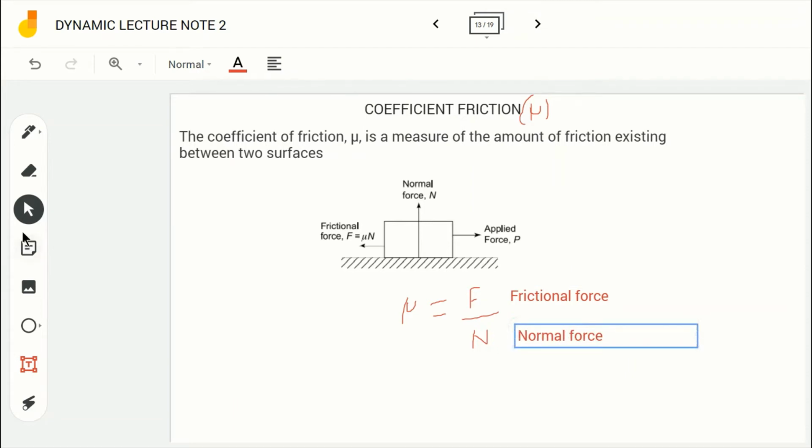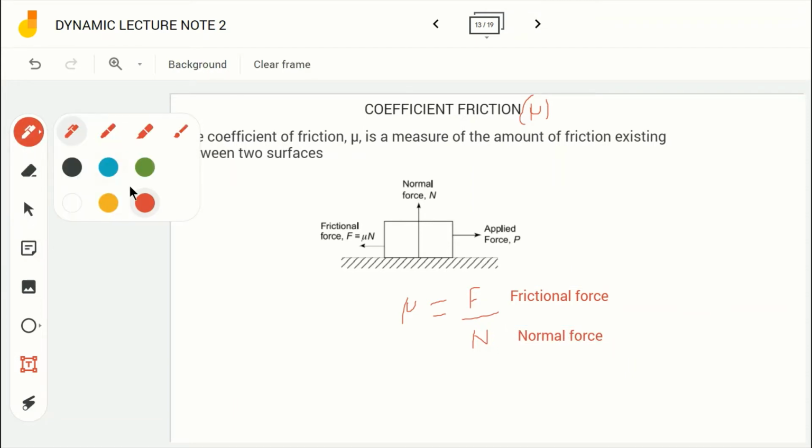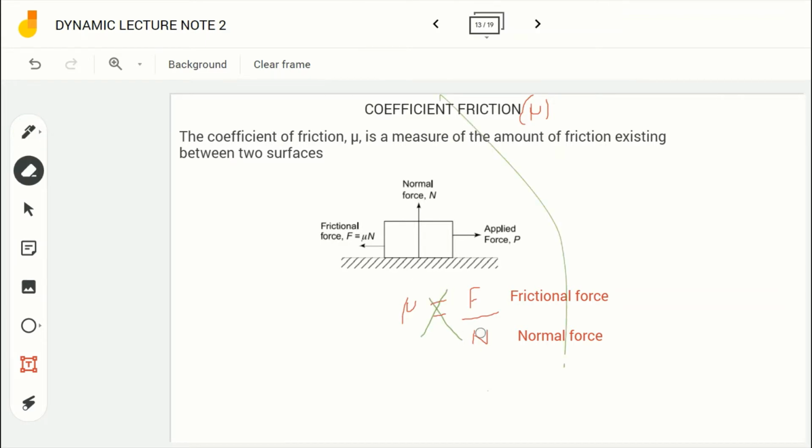Now we can transpose this formula to make the frictional force the subject. We make F the subject of the formula by cross multiplying. So we have F equal to rho times N. So here is the formula for finding frictional force.